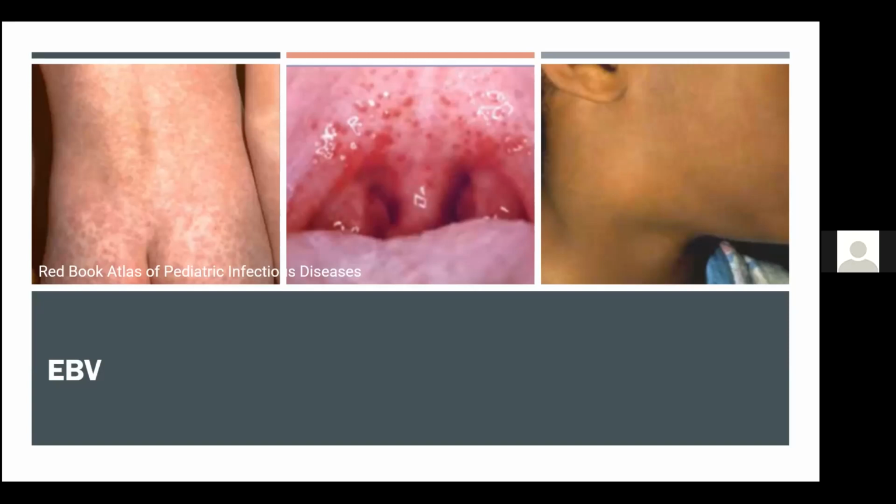A lot of children or adolescents, and especially young infants and children, are completely asymptomatic, and the infection goes unrecognized. The rash that you see on the left is more common after treatment with amoxil and can be diagnostic. You give ampicillin and they develop this more morbilliform rash.